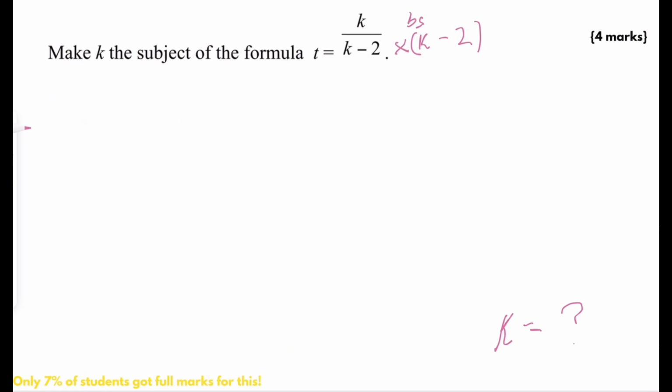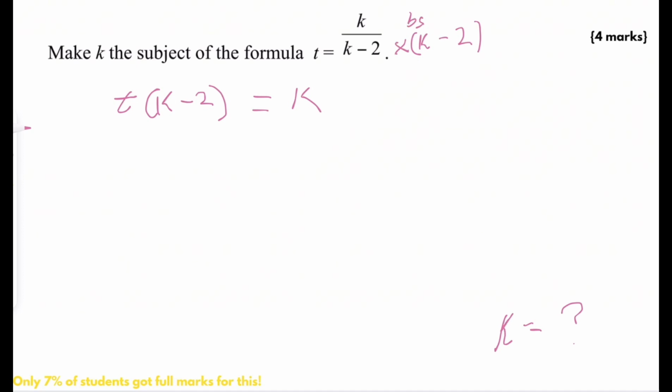So that would be t times k minus 2 is equal to just k, because they will cancel each other out. And even though we want k to be on one side, this step will help us make the formula easier to manipulate.